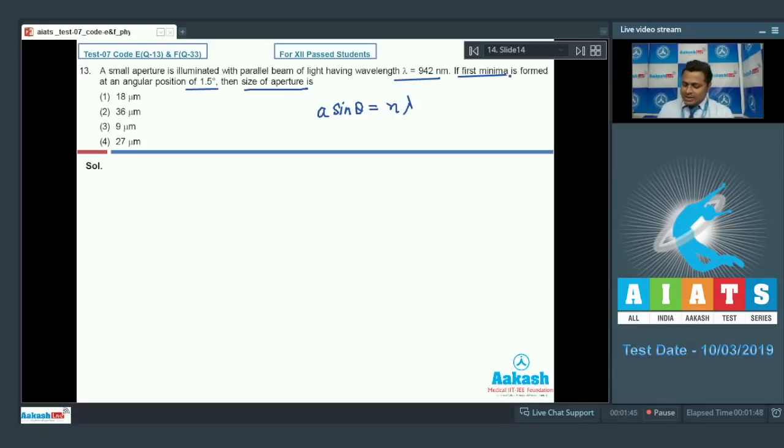Now here it is clearly mentioned that this is the first minima, so in case of first minima, we can write n equals 1. So therefore the expression will become A sin theta equals lambda.